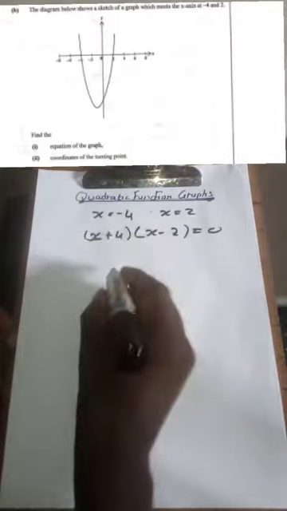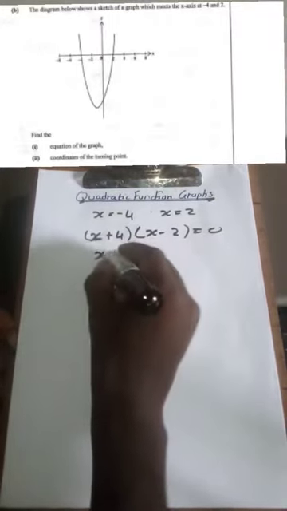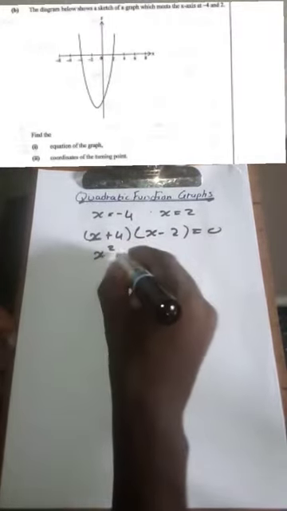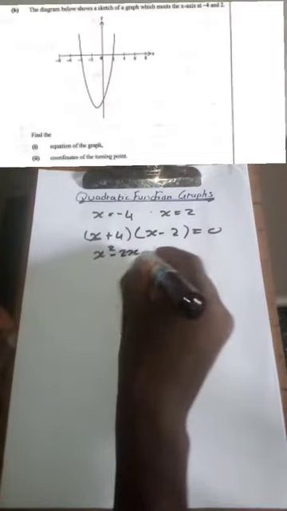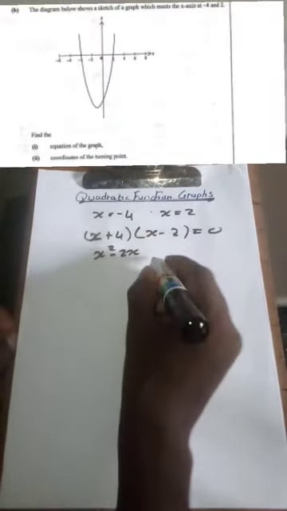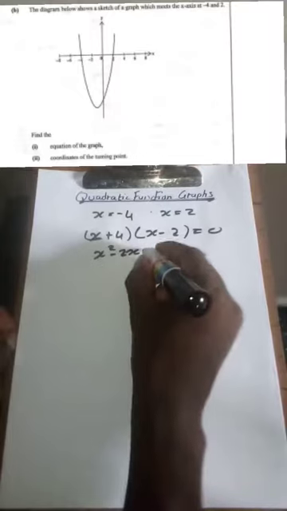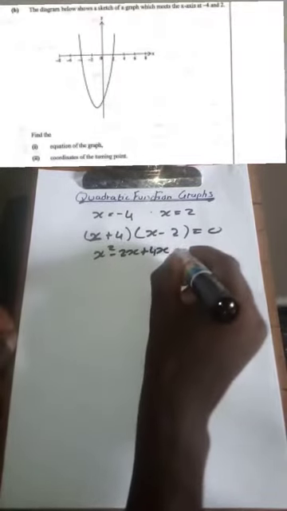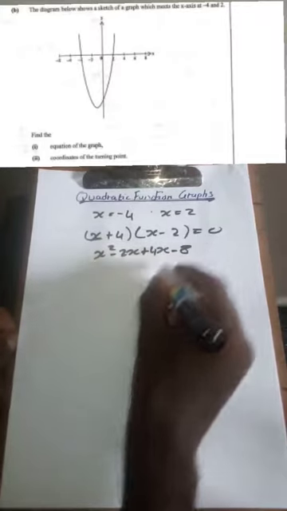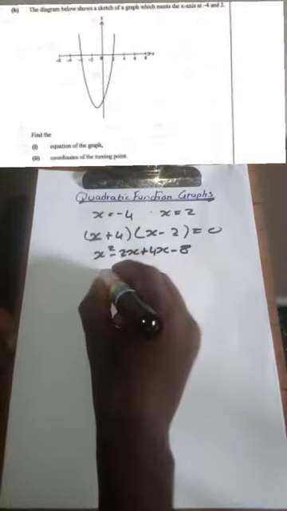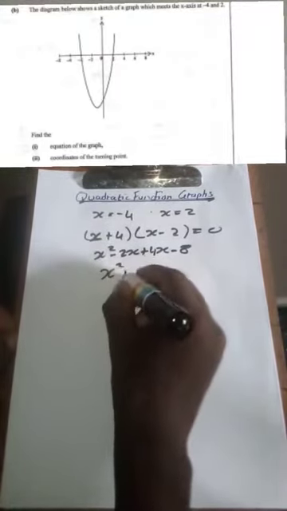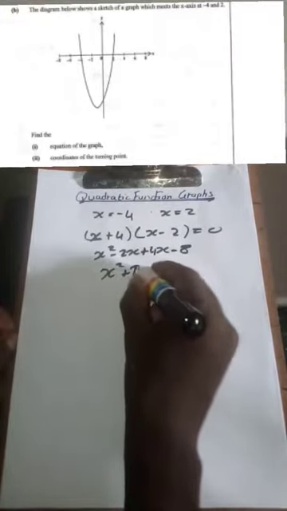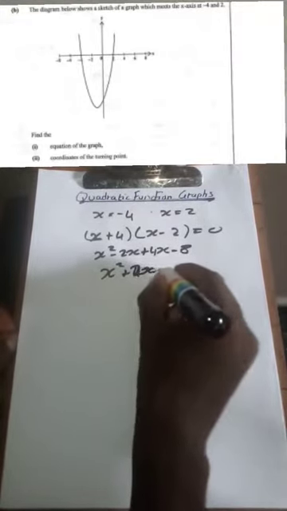So we need to expand this. x by x, we are going to have x squared. Then x by -2, we are going to have -2x. Then +4 by x, we are going to have +4x. Then +4 by -2, we are going to have -8. So what we are going to have is x squared plus 2x minus 8.